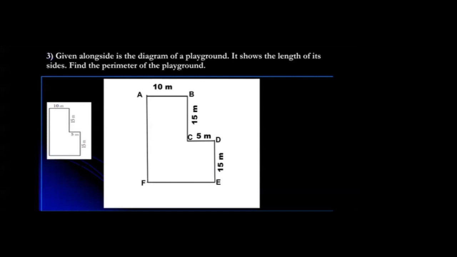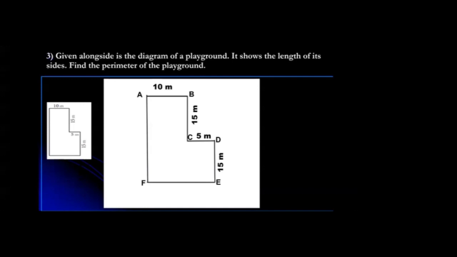And the other sides, you can see children, AF and FE. Those measurements are not given in the question. First, we have to find out the length of these sides. Then only we can add all the sides and get the perimeter of the playground.